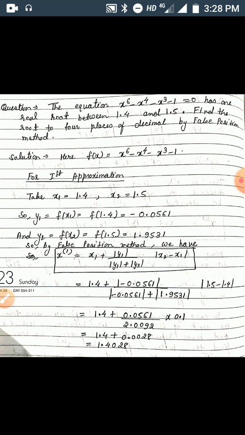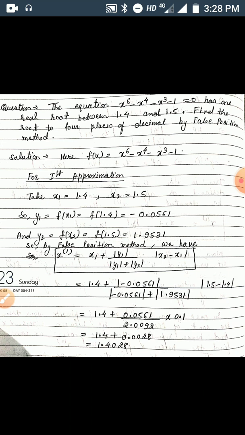So here f(x) is x to the power 6 minus x to the power 4 minus x cube minus 1. For the first approximation, we will take x1 is equal to 1.4, x2 is equal to 1.5. So y1 means f(x1), so f(1.4).